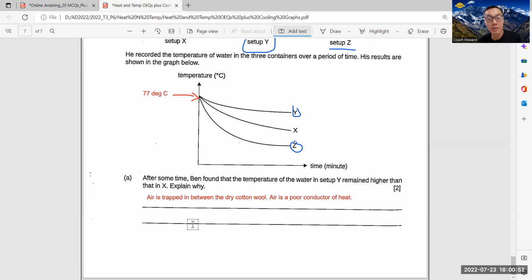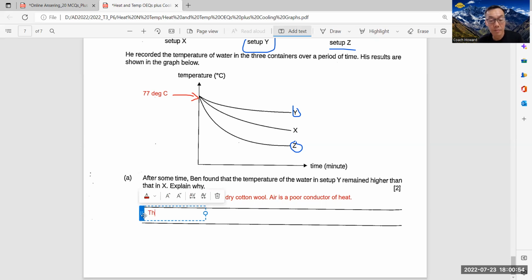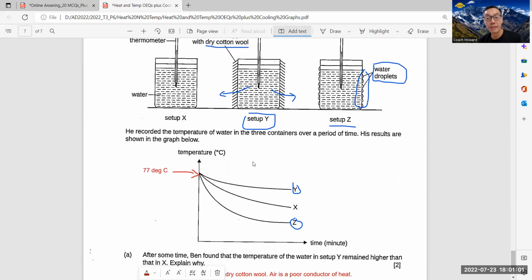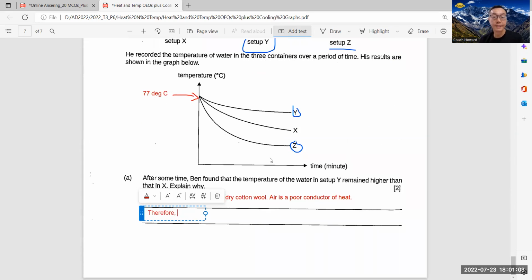Therefore, the dry cotton wool reduces heat loss from the hot water to the surrounding air.